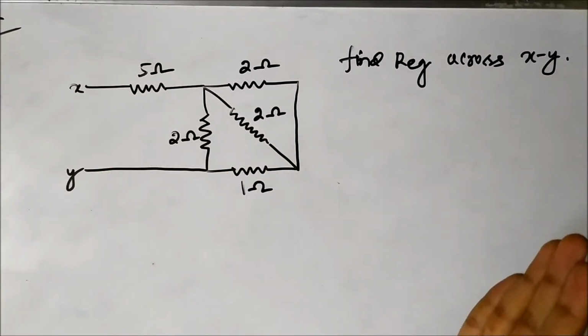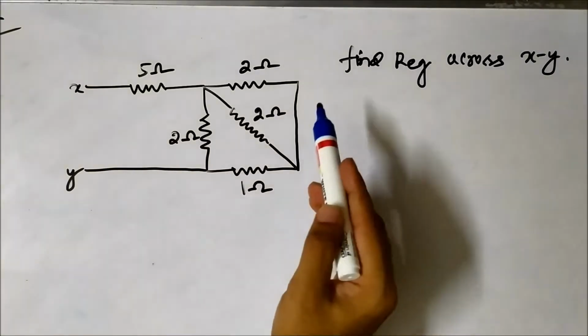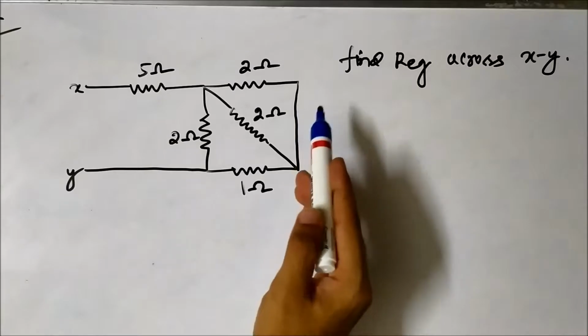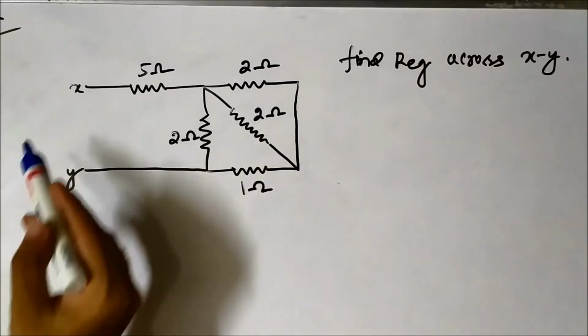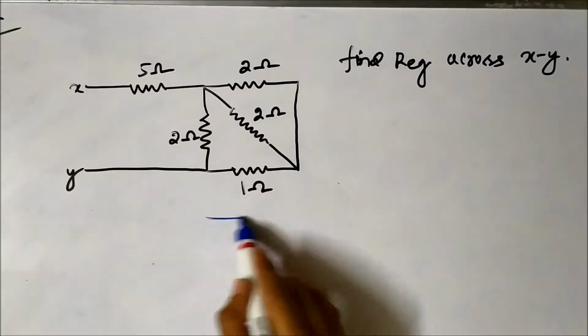So we will solve this circuit by going from this right end towards left, towards the point x, y.